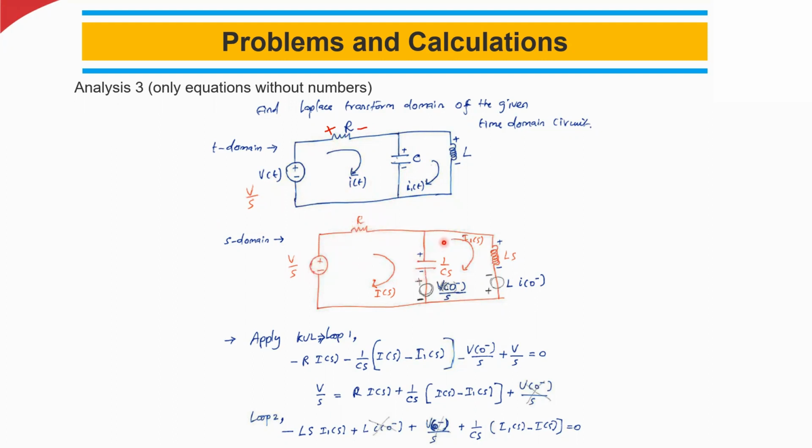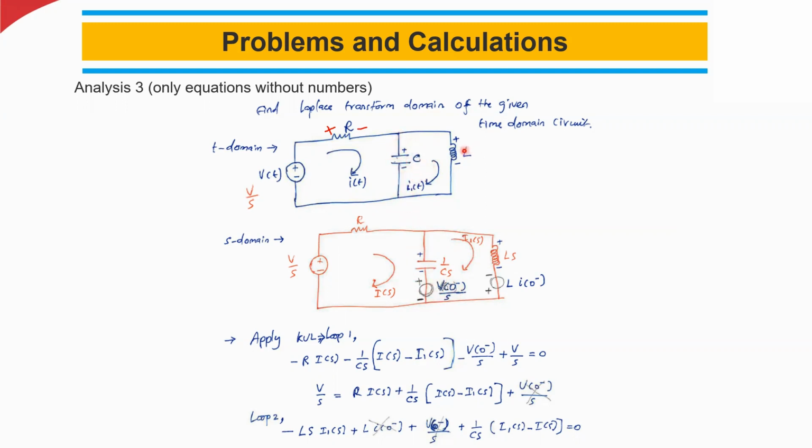The capacitor impedance becomes 1 divided by Cs, the reciprocal, and the initial source is plus and minus, V of 0 minus divided by S, indicating the initial voltage of this capacitor.